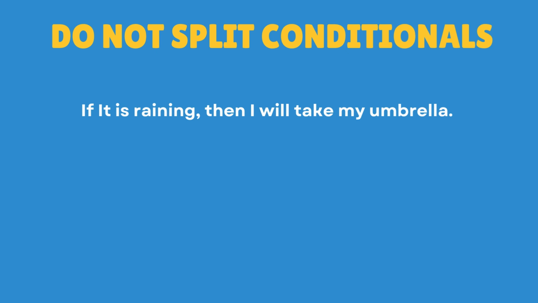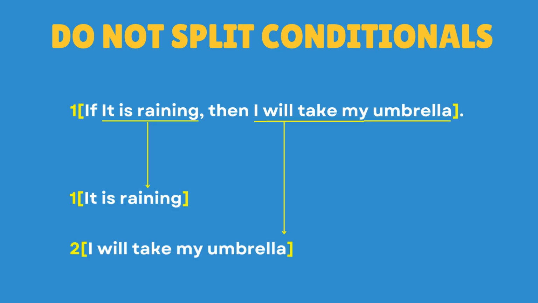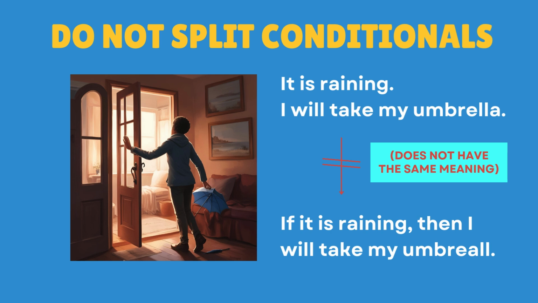For example, if we take our conditional statement, "if it is raining, then I will take my umbrella," and split it into 2 separate statements, "it is raining" and "I will take my umbrella," in accordance with its antecedent and consequent, the resulting 2 statements would mean something different when they are asserted at the same time compared to the statement, "if it is raining, then I will take my umbrella."